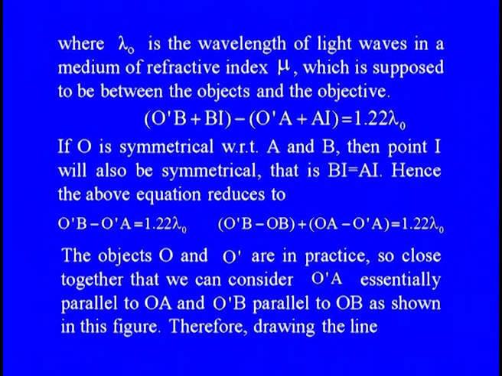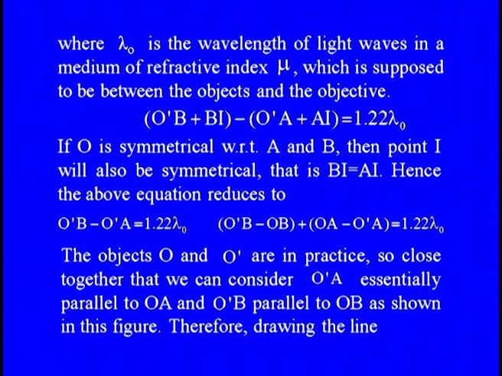Now, this condition we can also write as O prime B plus BI minus O prime A plus AI equal to 1.22 lambda. If O is symmetrical with respect to A and B, then point I will also be symmetrical, that is, BI will be equal to AI. Hence, the above equation reduces to O prime B minus O prime A equal to 1.22 lambda.